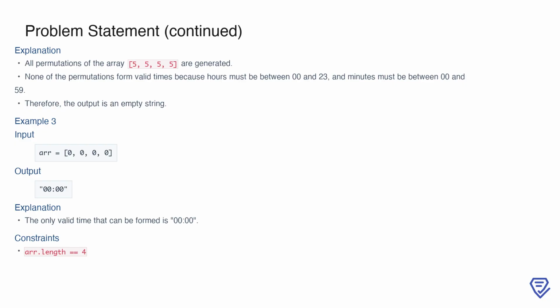Now consider the input 0, 0, 0, 0. Here, the only valid time that can be constructed is midnight, as the digits successfully form a time within the allowed range. This demonstrates that even when all digits are the same, we can still form a valid time if they satisfy the rules for 24-hour formatting.